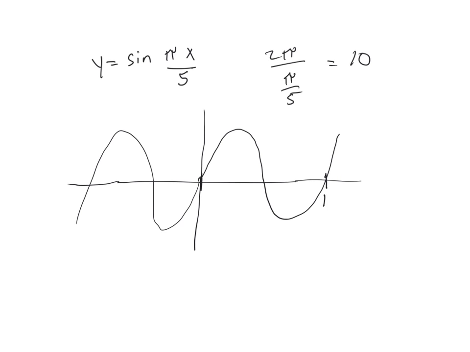This is going to be 10 because our period is 10. This is one whole period. So then halfway through is going to be 5. So this is 0. This should be -5. And this should be -10. And so on. So this is how it would look. Everything on the bottom is going to look the same. 1, -1, 2, and so on.